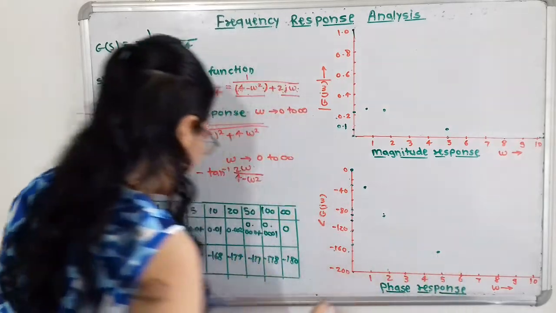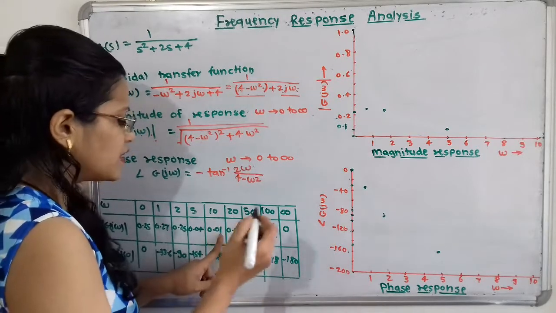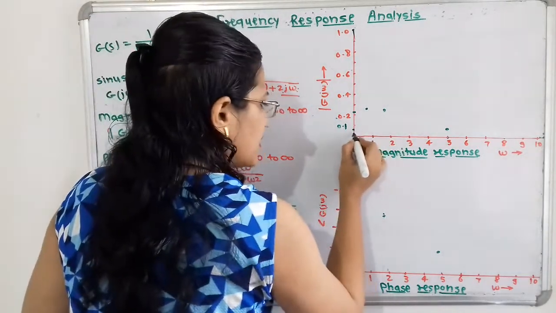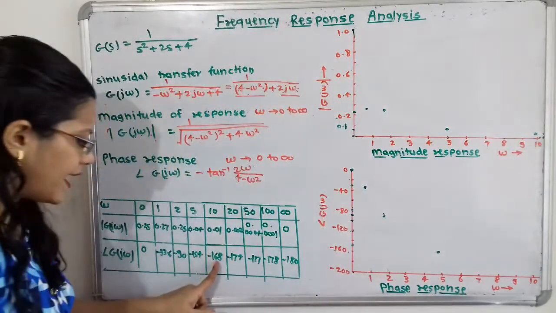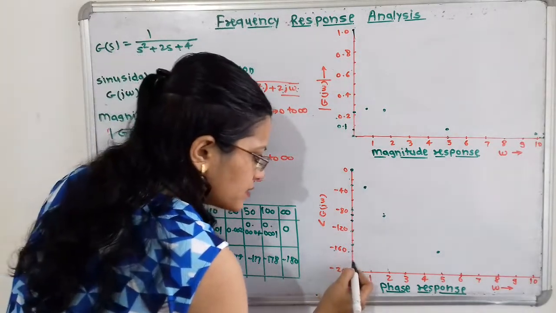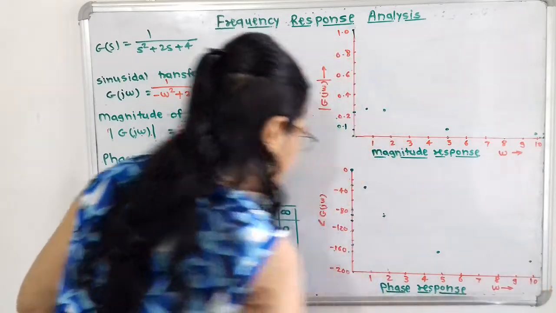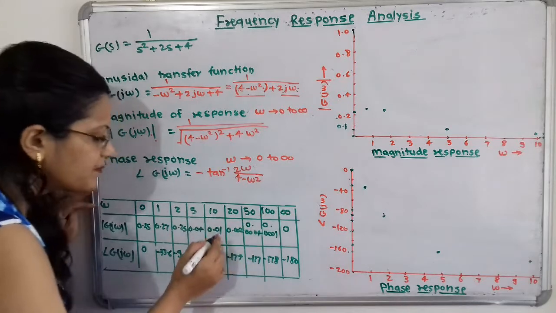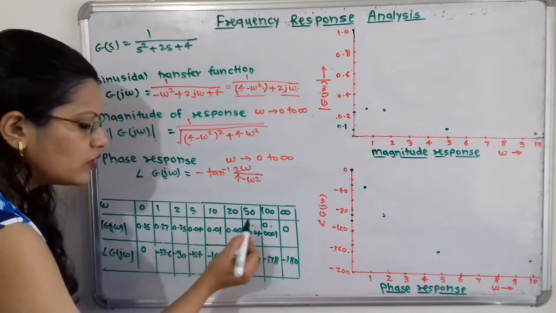When omega is equal to 10, the value is 0.01. 0.01 is nearly equal to 0, so I will plot one point here. And the angle is minus 160. After angle minus 160, I have to take minus 168. Now if we observe the next values, after 10 the value will vary from 0.002 up to 0.